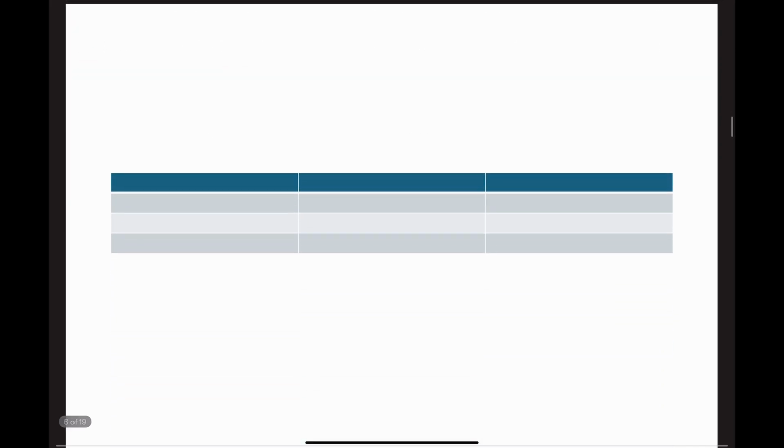Now I just wanted to go over everything that we just talked about and put it into a little chart. We talked about subatomic particles, and the subatomic particles we talked about are protons, neutrons, and electrons, which you can normally see denoted as an e with a superscripted minus sign.